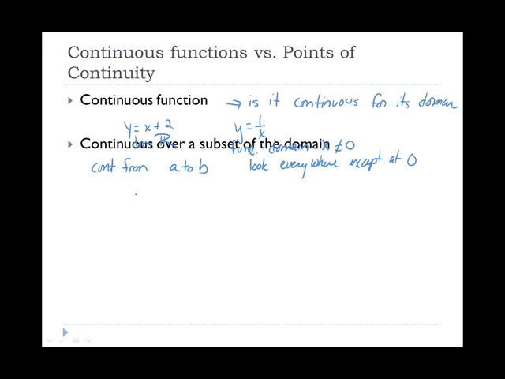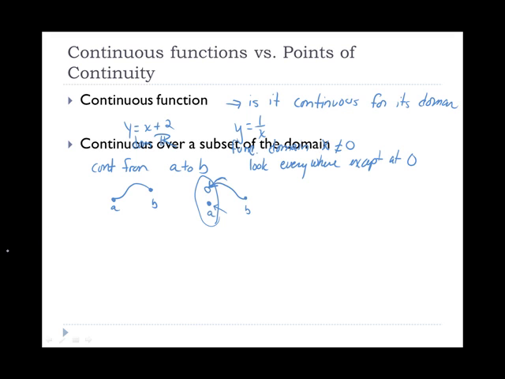Okay, so this is continuous from A to B. This is not continuous from A to B, because at A, the limit as we approach from the right does not equal that function value. We don't have to worry about approaching from the left because it has an endpoint, but the function value would have to equal the limit from the right.